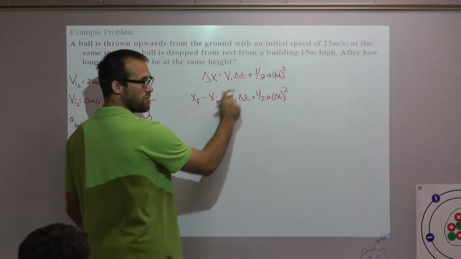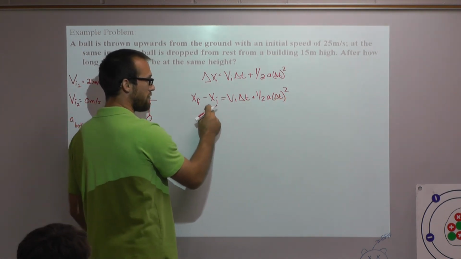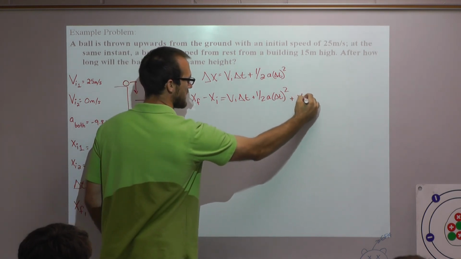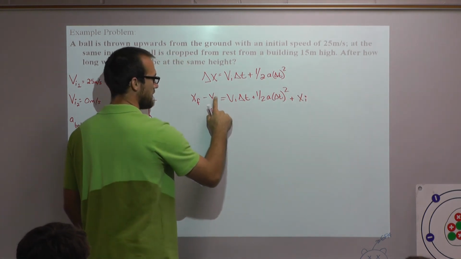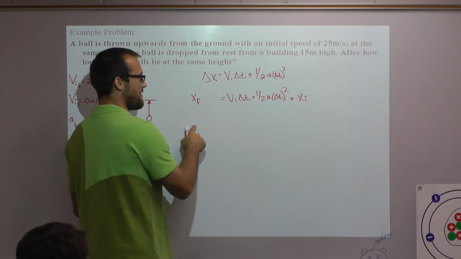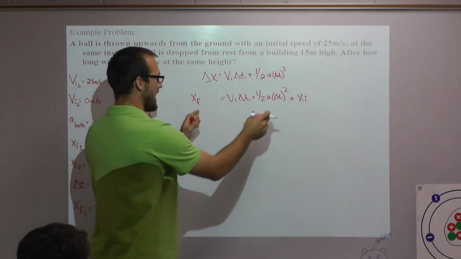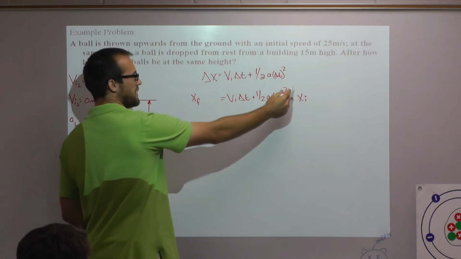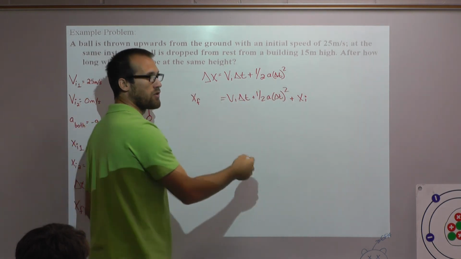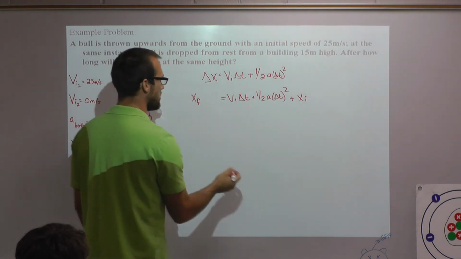I'm going to take and move this over so I'm solving for XF plus XI. Did you see what I just did there? Okay, and then this would be ball 1, and then I'm going to do another one that would equal ball 2. Let me show you what I mean.